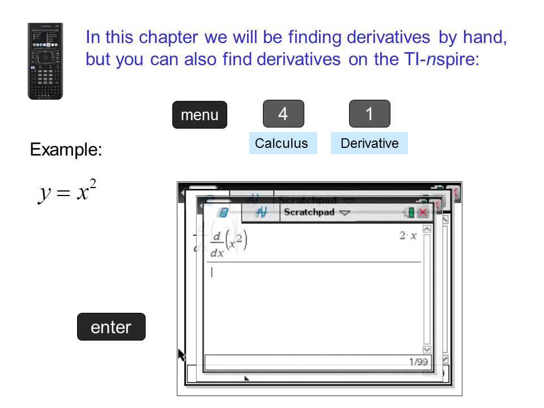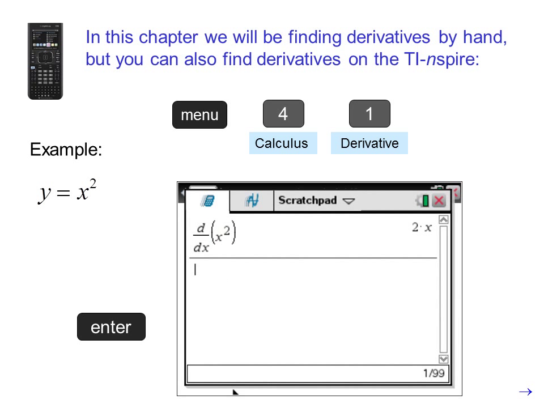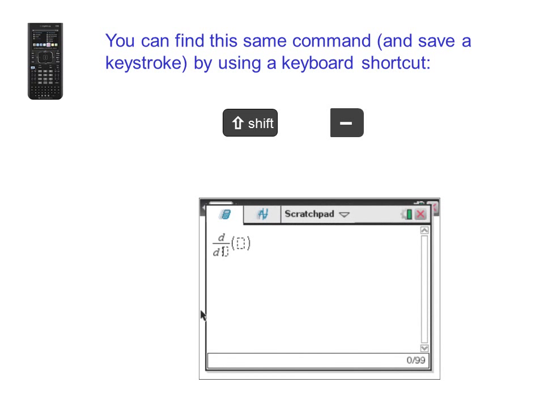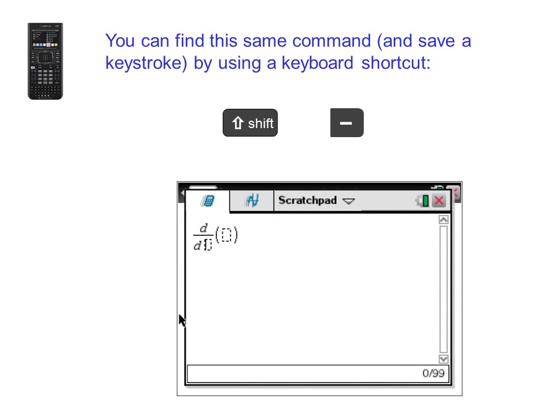Then press Enter, and the calculator returns the derivative 2x. You can find this same command and save a keystroke by using a keyboard shortcut: Shift minus. And that's the minus sign, not the negative sign.